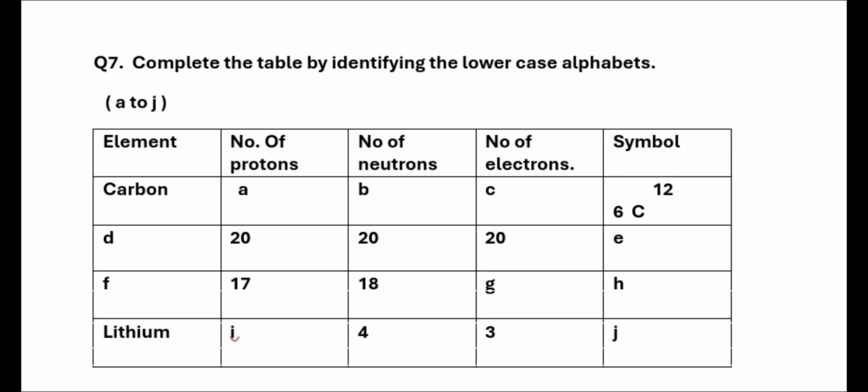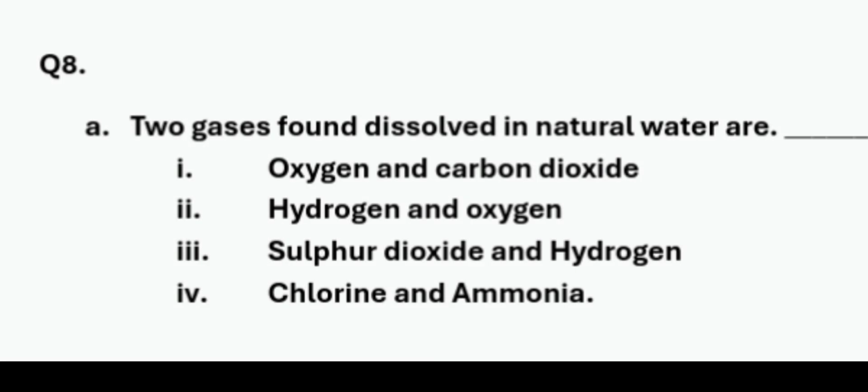Then we have the last question coming for you, which is question number 8. This question number 8 is multiple choice question. Here, each question comes with 4 alternative choices, of which only one is the perfect answer.